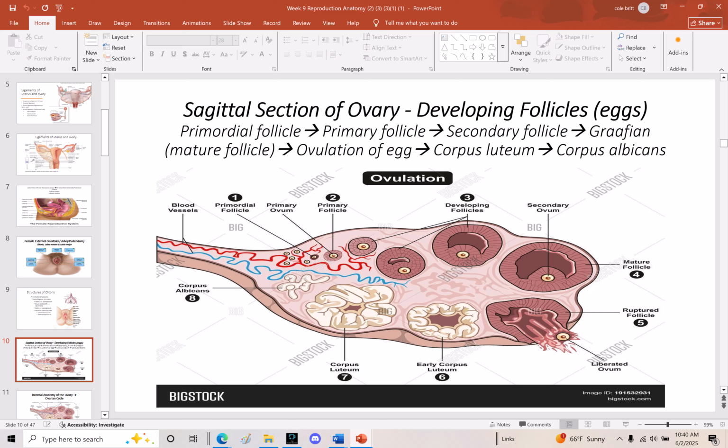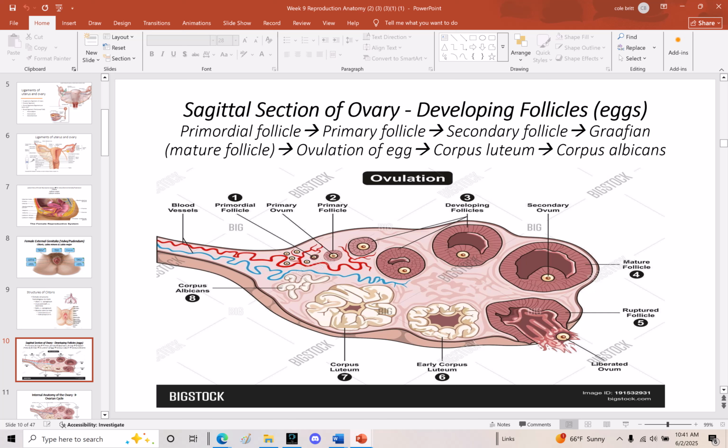We're going to go through a little bit more of this in a second. Then finally, we have a secondary oocyte. Now, the process involves reduction of chromosomes. So you actually end up having two cells, one functional and one not functional.